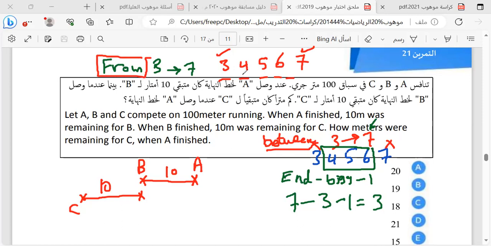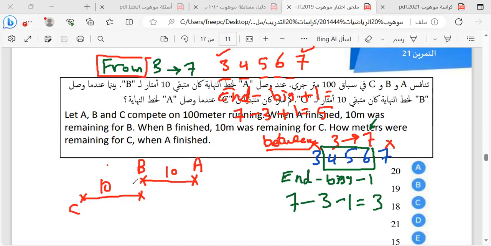So here, what is the rule? End minus beginning plus 1. 7 minus 3 plus 1 equals what? 5 numbers.